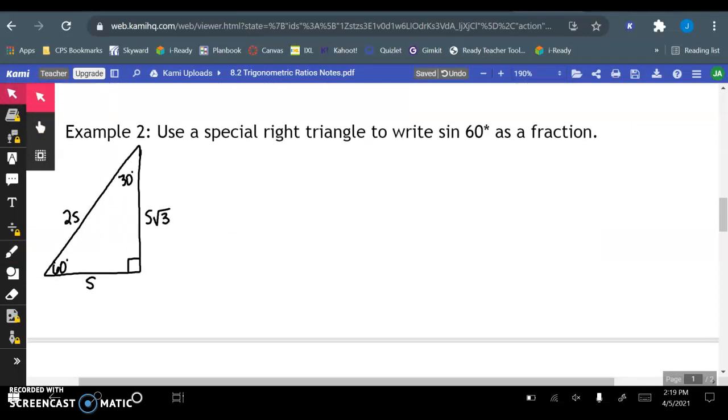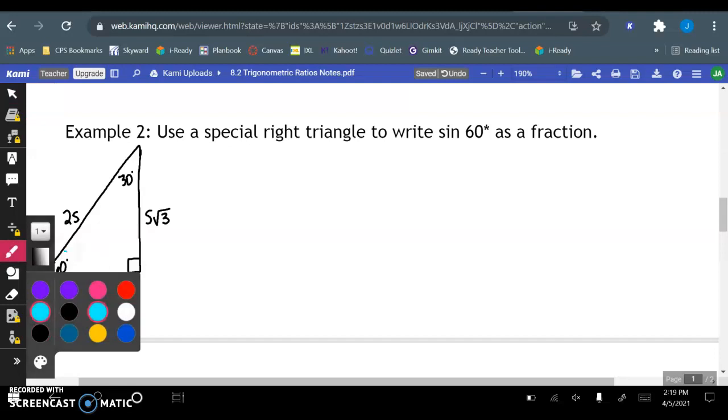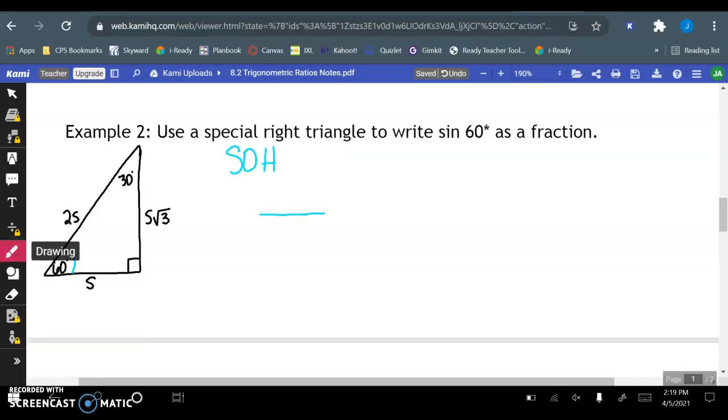So example 2, we want to use a special right triangle to write the sine of 60 degrees as a fraction. So the 60-degree angle is right here, and we want to do sine. So remember, that's the SOH part. That's the opposite over hypotenuse. So if I go back to my picture, opposite that side would be s square root of 3.